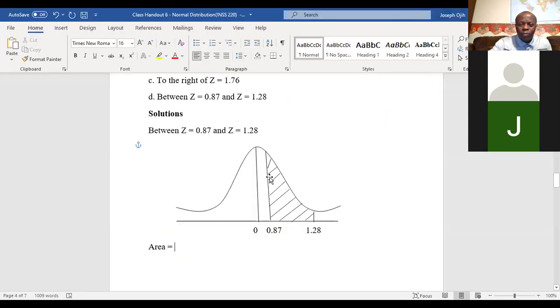That will give you the area you're looking for. You're looking for only this portion, not from halfway. So for 1.28, we got 0.3997 on the table. And for 0.87, we got 0.3078 from the table. And when we subtract them, we can get the area we're looking for.